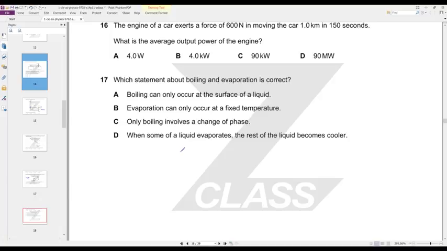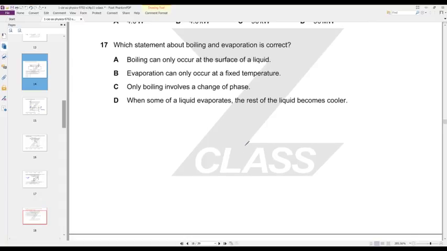17. Which statement about boiling and evaporation is correct? So this is just a learn it one. I think they're looking for C there. No, they're not. They're looking for D. Okay.